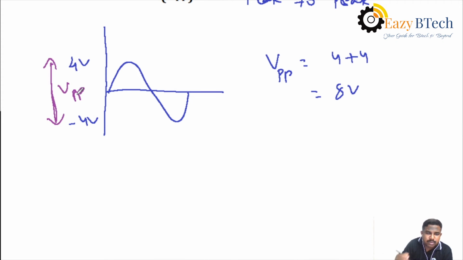In this problem, the positive peak value is 4 and the negative peak value is minus 4, which is nothing but adding 4 plus 4. The total distance from the positive peak to the negative peak is 8 volts. In this way, you calculate the peak to peak value.